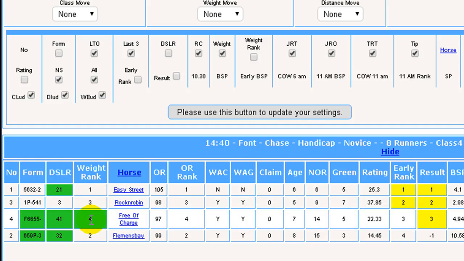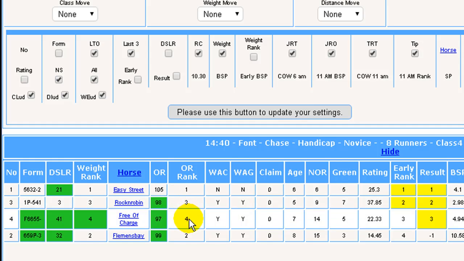It's ranked outside the top 3, so we give it a 4. Anything that's ranked 5 or under the top OR, so that is 7 and 8 and 6, they're all under that.